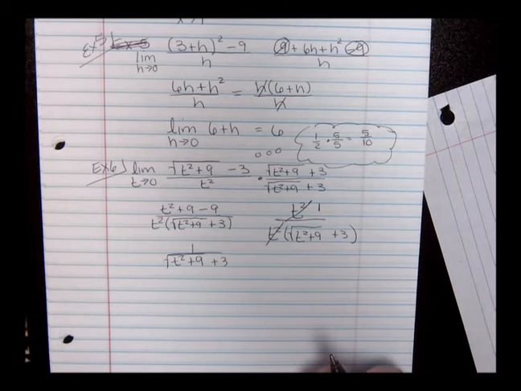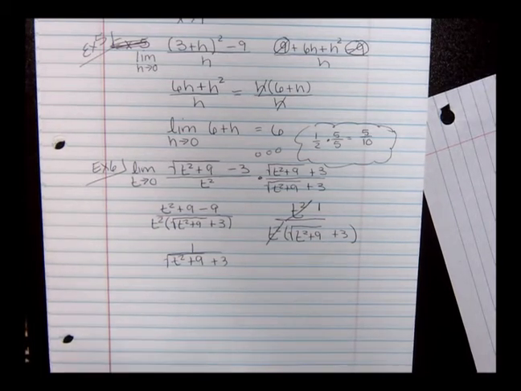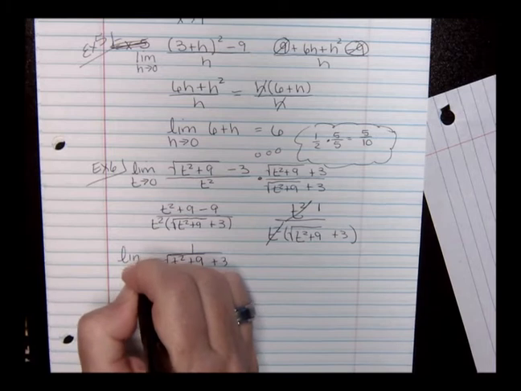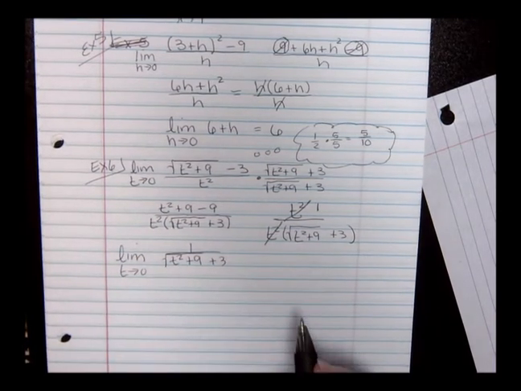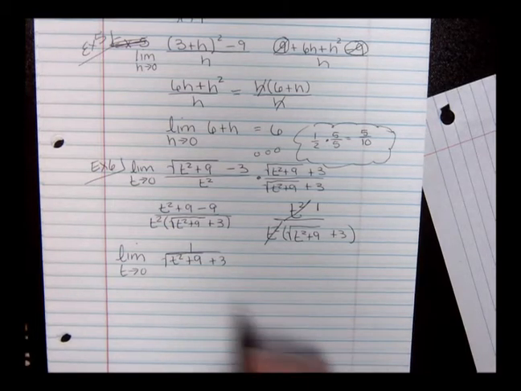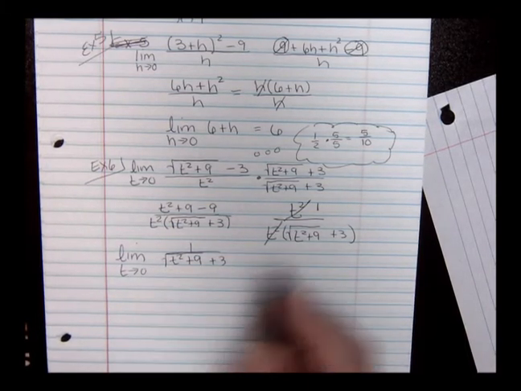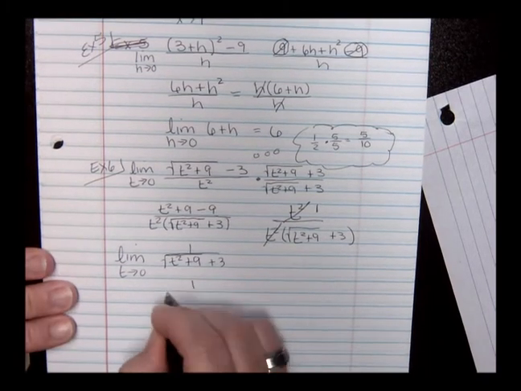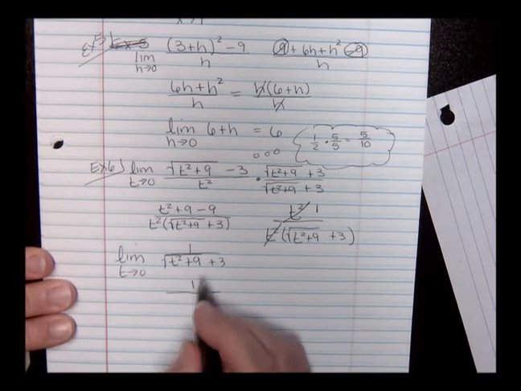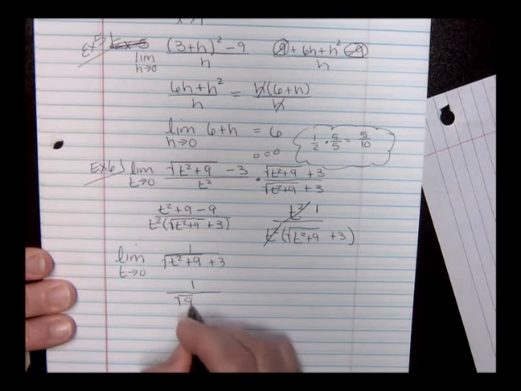All right, so now let's see. If I have the limit as t approaches 0 of this, can I put 0 into that function without getting 0 in the denominator? And I can. So that makes me happy. So if I put 0 in here, I now have 1 over, put 0 in for t squared, the square root of 9 plus 3.